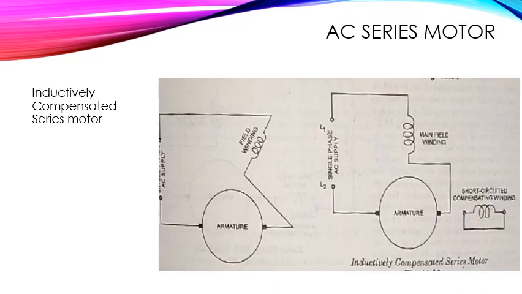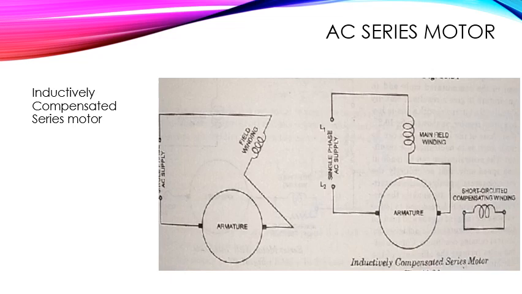Now we'll see the combination of main field and the compensating field. For that, see the first figure here with the armature and field winding and with the AC supply. Here it is possible to combine the main field and the compensating field by employing a single distributed winding which produces its flux in the direction of the resultant flux of the main field and compensating windings, as shown in the figure.